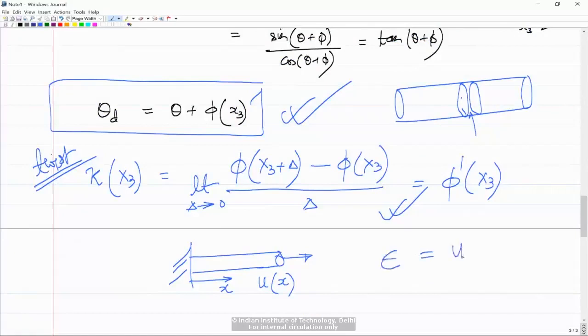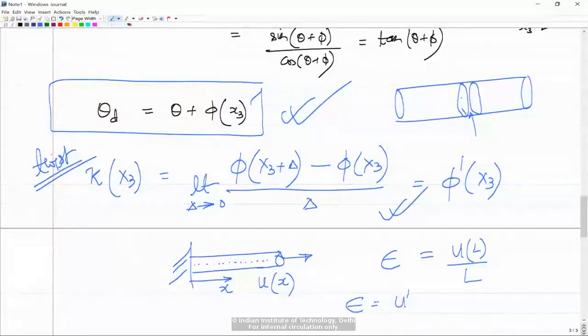Somebody would say, okay, it is simply u of L divided by L. But that's the global longitudinal strain, kind of the average longitudinal strain. What if u is not linear? If u is some crazy function, then the longitudinal strain varies from point to point. And then your epsilon is u prime, du by dx.